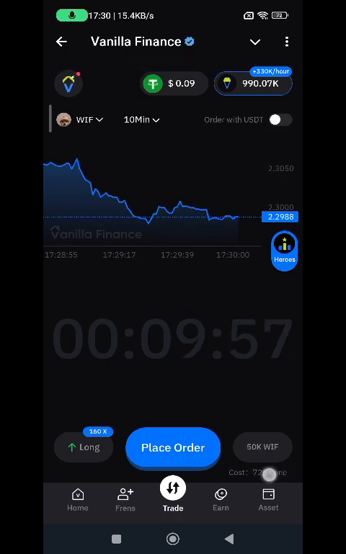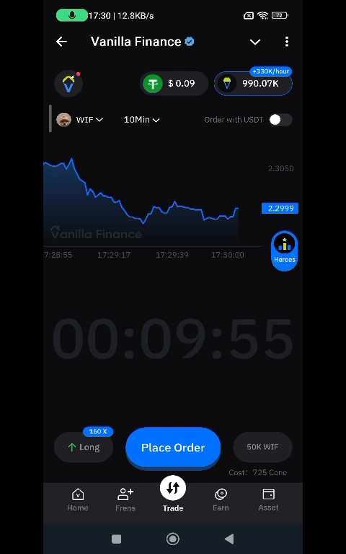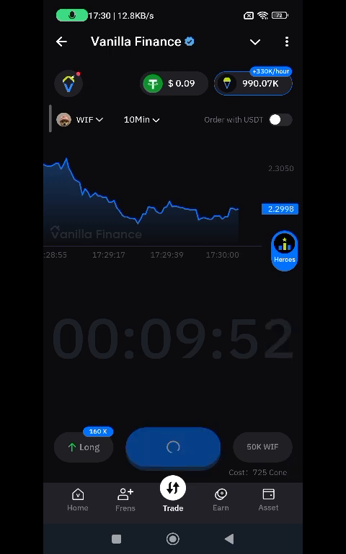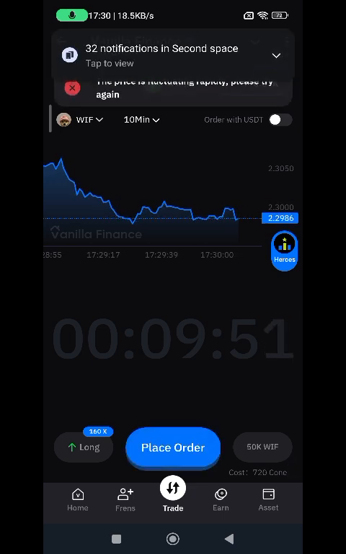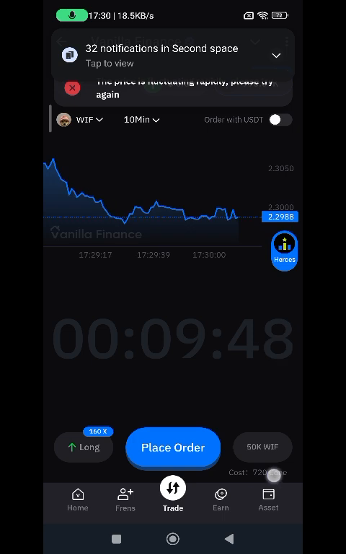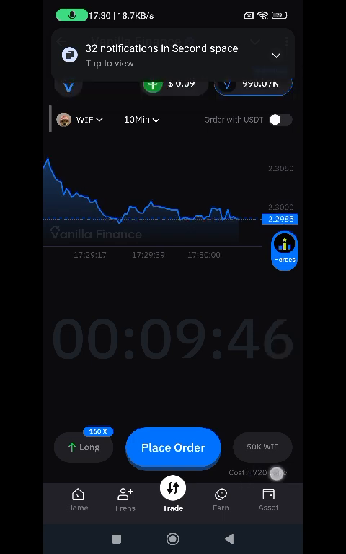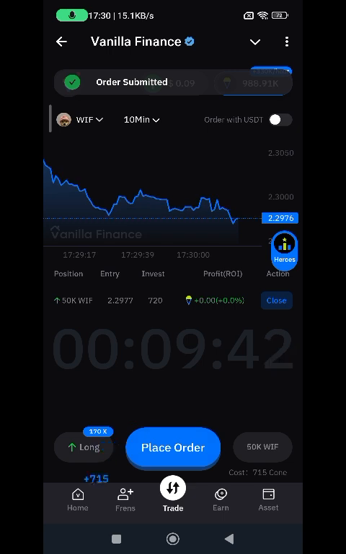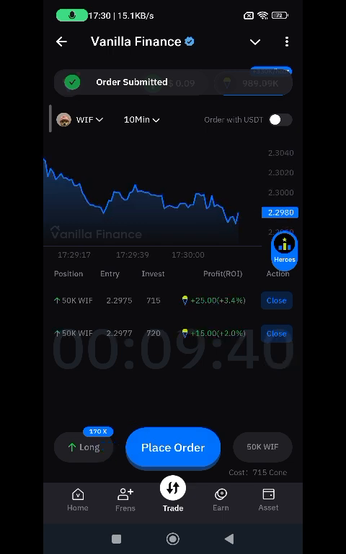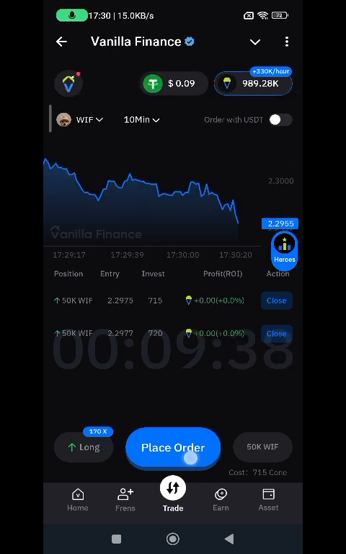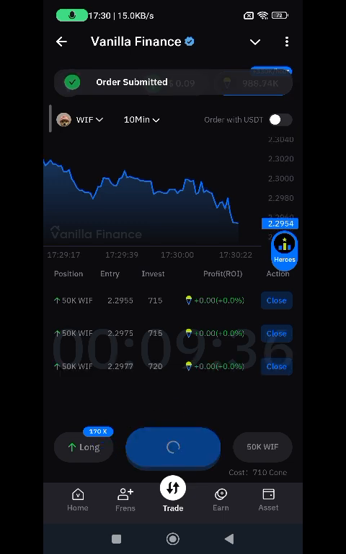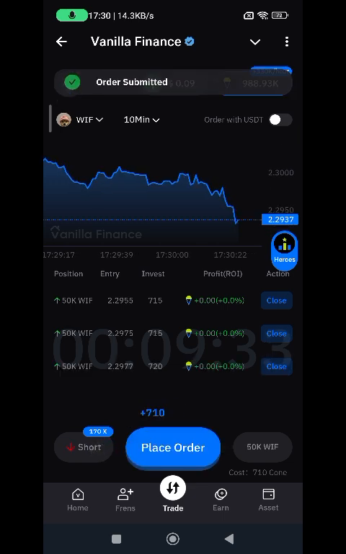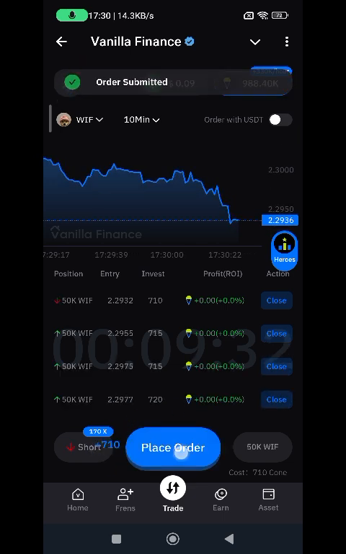Now you can see your coin value now is 725. I could just decide to place 10 trades. So if I place 10 trades at the value of 720 coins, that would be like 7,000 coins, 7,000 coin volume. That's huge. All right, you can decide to go long and go short at the same time.